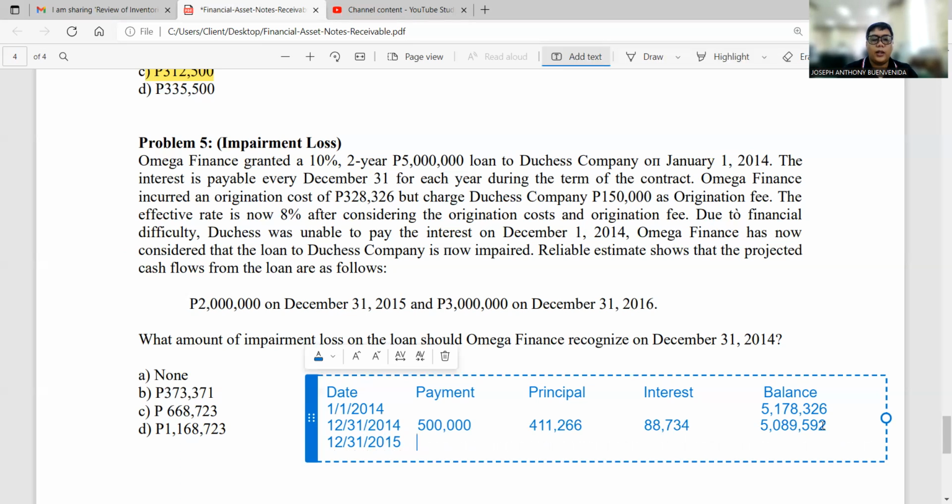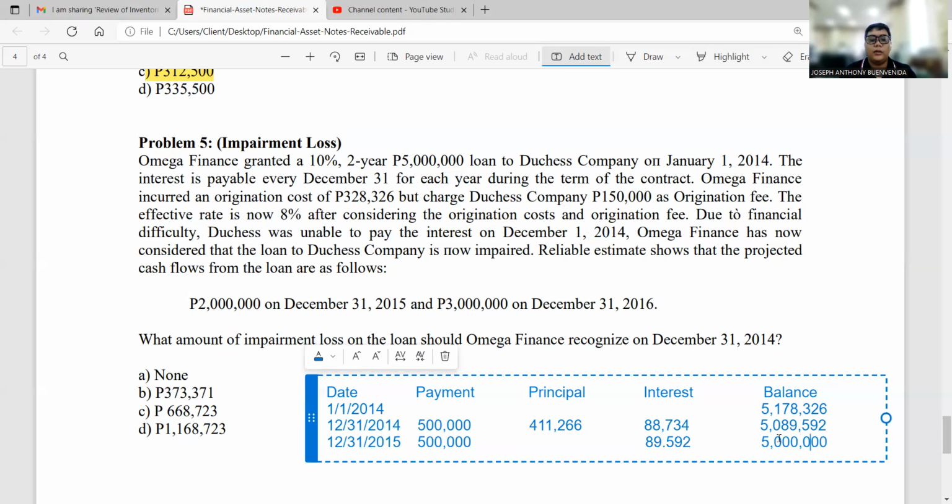And the last payment on December 31, 2015 kay 2 years lang di ba? Payment niya 500,000 kay last payment na yun na kinanglan lang siya i-adjust, no? So supposed to be ito magiging 89,592. Okay, and this will be 5 million. So work back na lang.